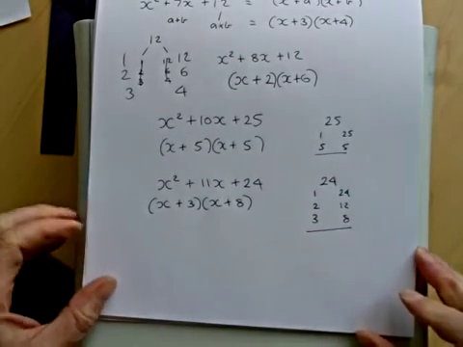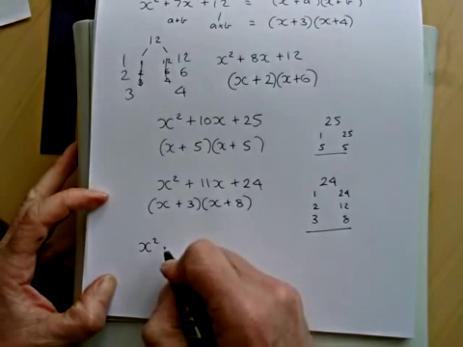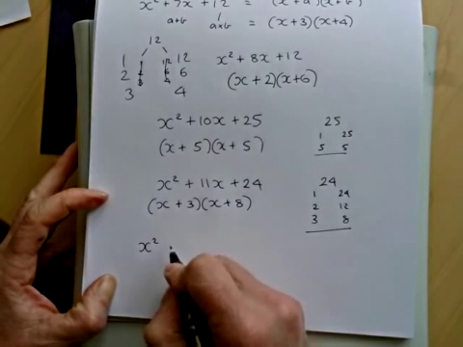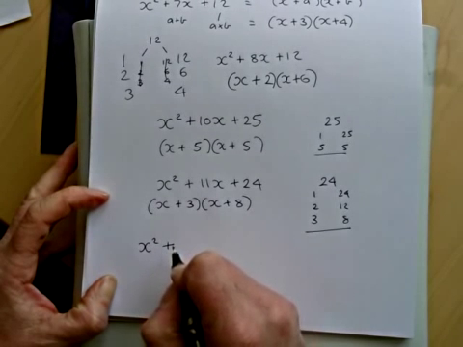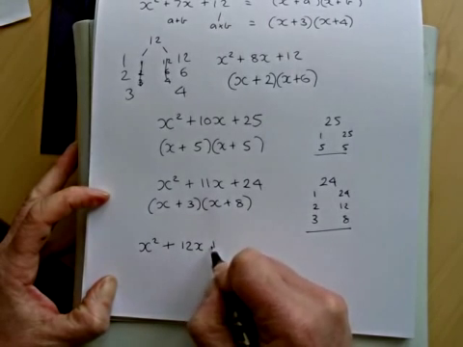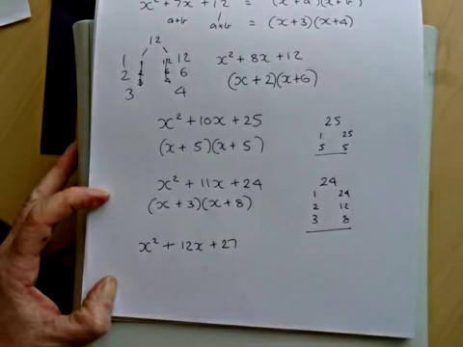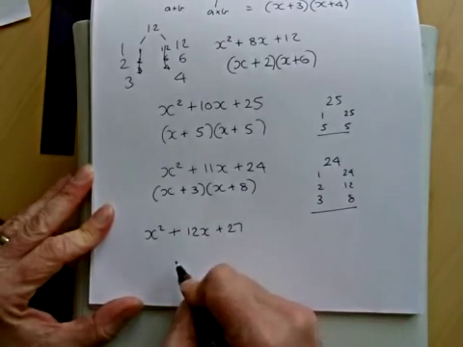So I'm almost running out of paper. We'll have one more on these fairly simple quadratic factorising because I've kept everything positive. Let's factorise x squared plus 12x plus 27. Okay, so again, why not stop the tape and see if you can do this.